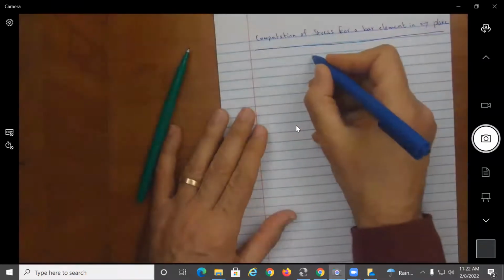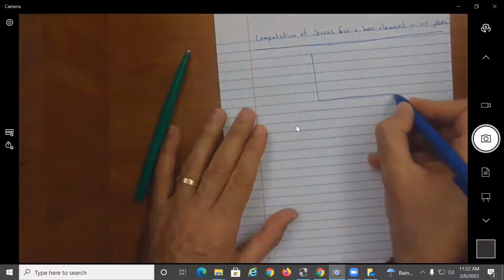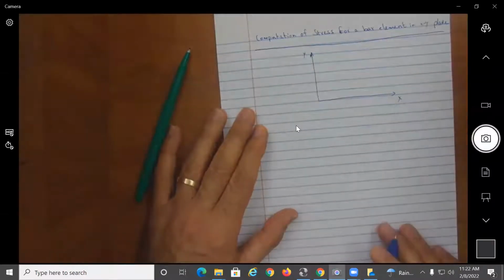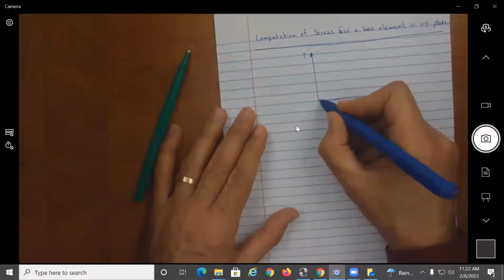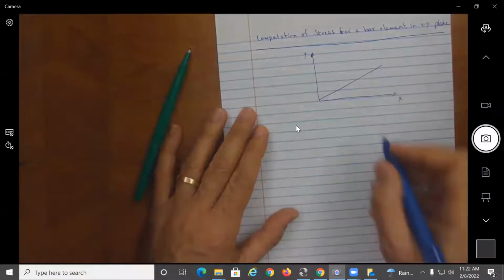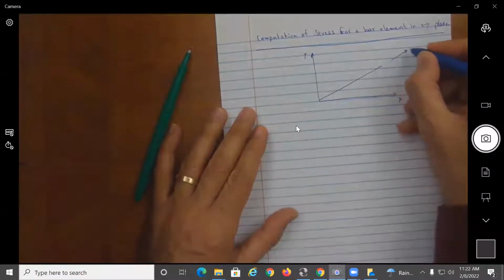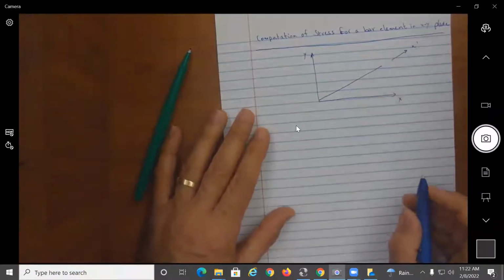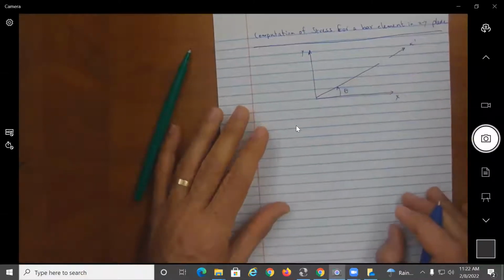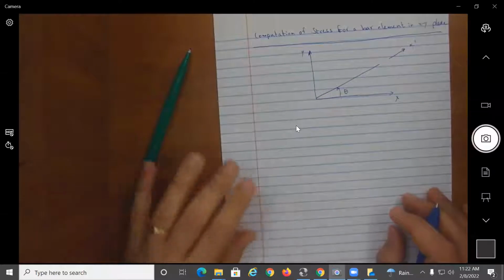So in the XY plane, I could have a bar that has an axis x prime that makes an angle theta with the x-axis.